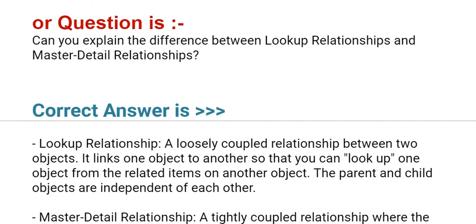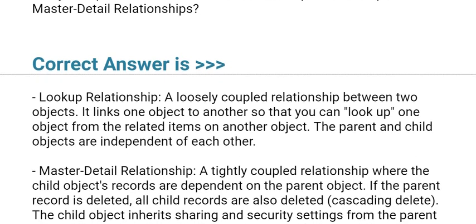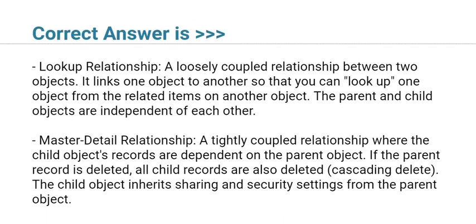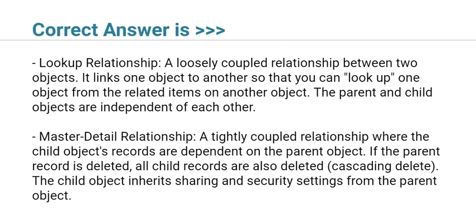It links one object to another so that you can look up one object from the related items on another object. The parent and child objects are independent of each other. Master-detail relationships: a tightly coupled relationship where the child object records are dependent on the parent records.